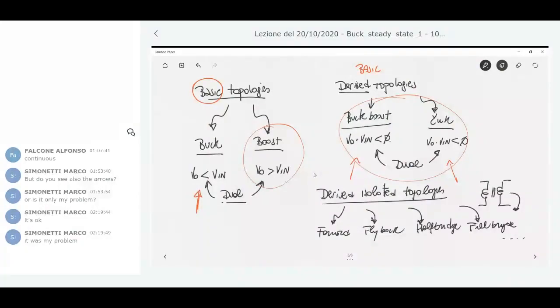All these topologies, basic, properly said, derived and isolated topologies, can be operated in two different ways.